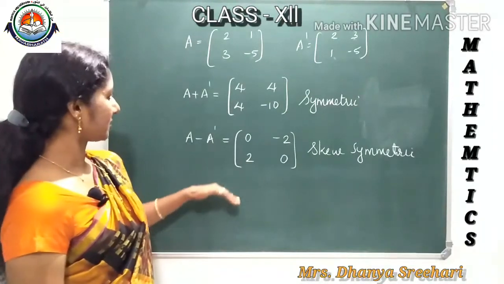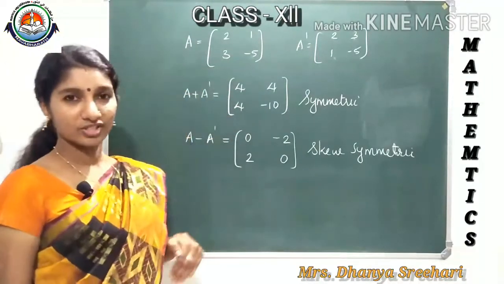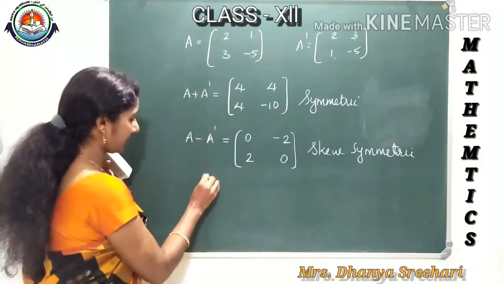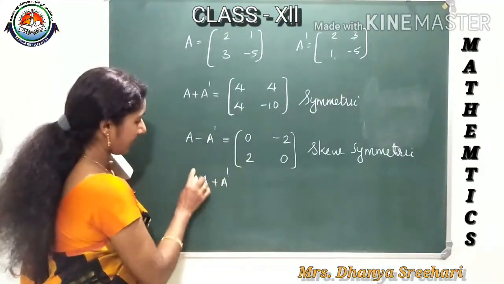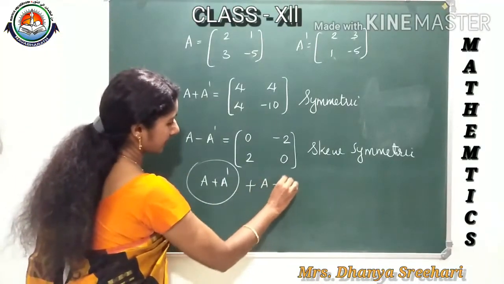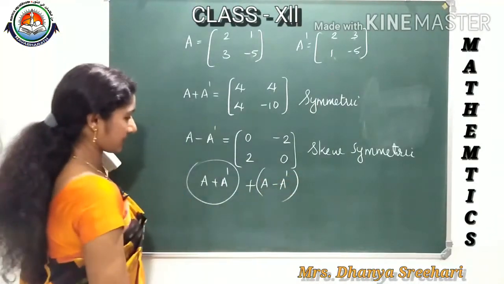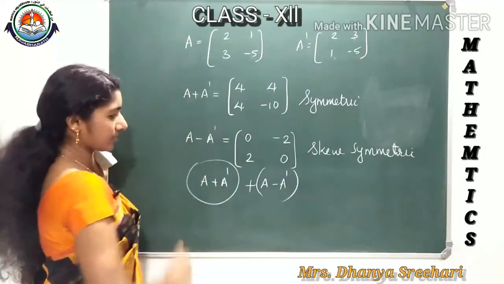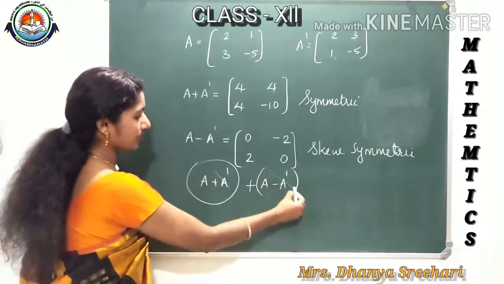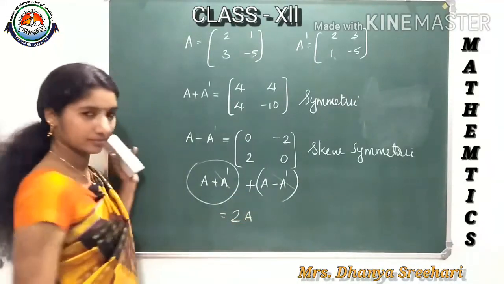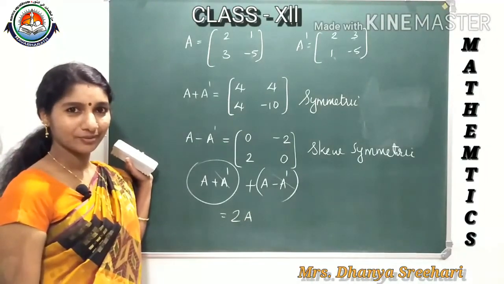Can you make any connection between these two matrices and our original matrix A? A plus A transpose is a symmetric matrix, and A minus A transpose is a skew symmetric matrix. If you add these two matrices, A plus A transpose and A minus A transpose, the A transpose and minus A transpose cancel, and we get 2A. Correct, no?